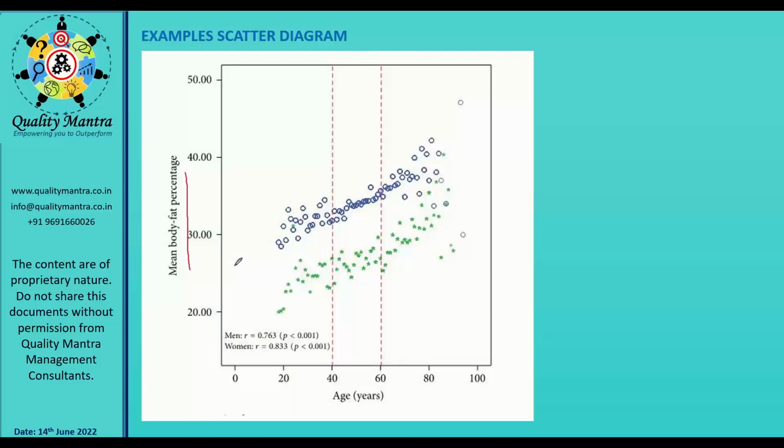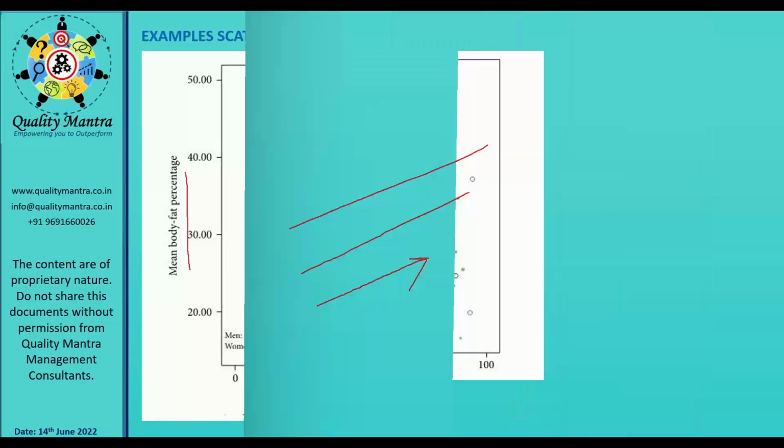The mean body fat percent means the fat content in our body, okay, increases with the age, है ना? So mean body fat percent, you can see that yes, it has increased, है ना, with our age.